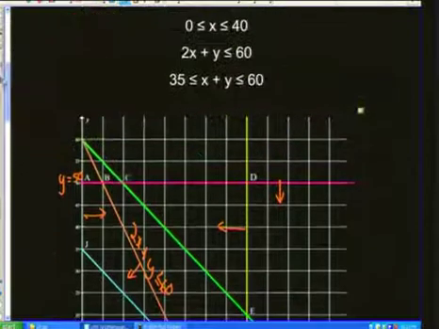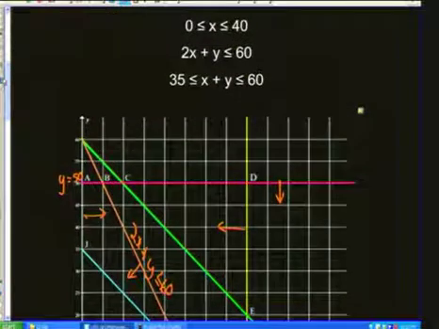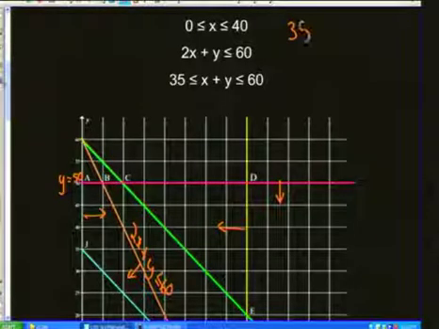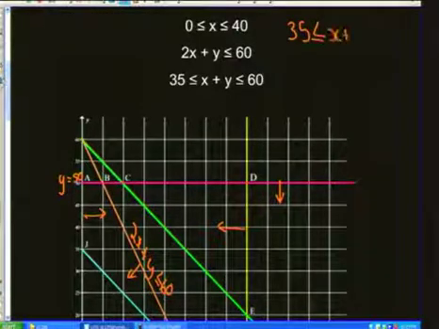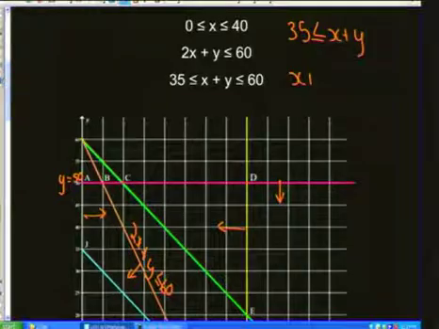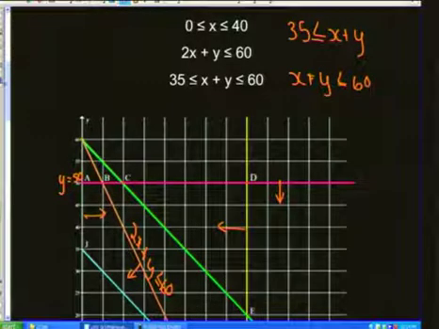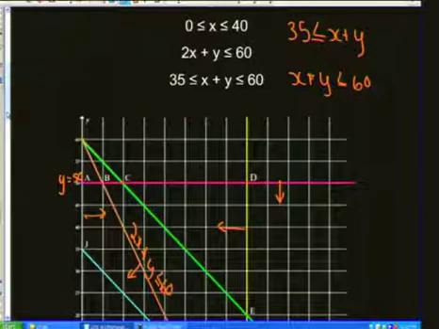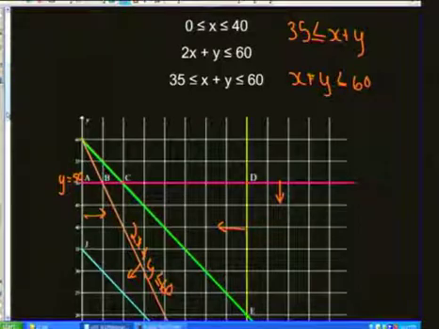And now we go to this next one, and this is an interesting one, and I want to split this up and mention it. 35 less than or equal to x plus y, and x plus y less than or equal to 60. So this one is going to cut at 35, so we know it's the blue one. And remember what I said to you, we've got to get it into y form to see what is happening.